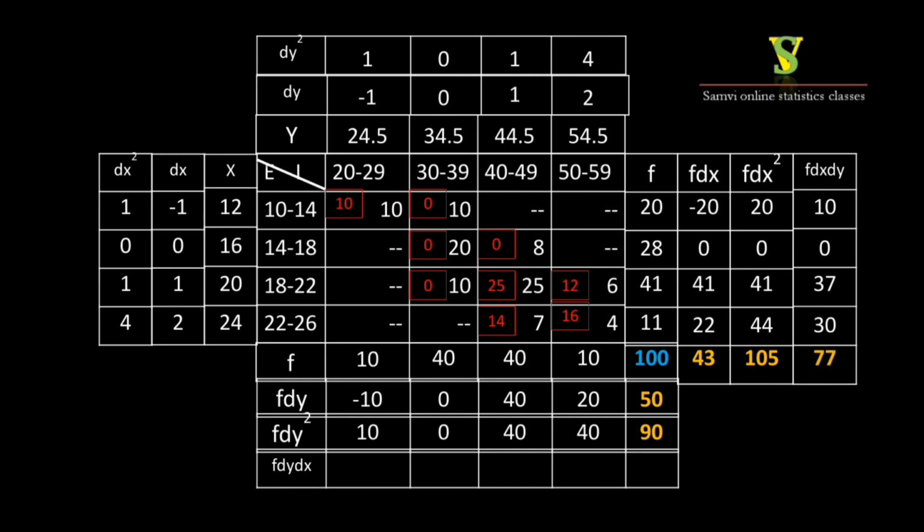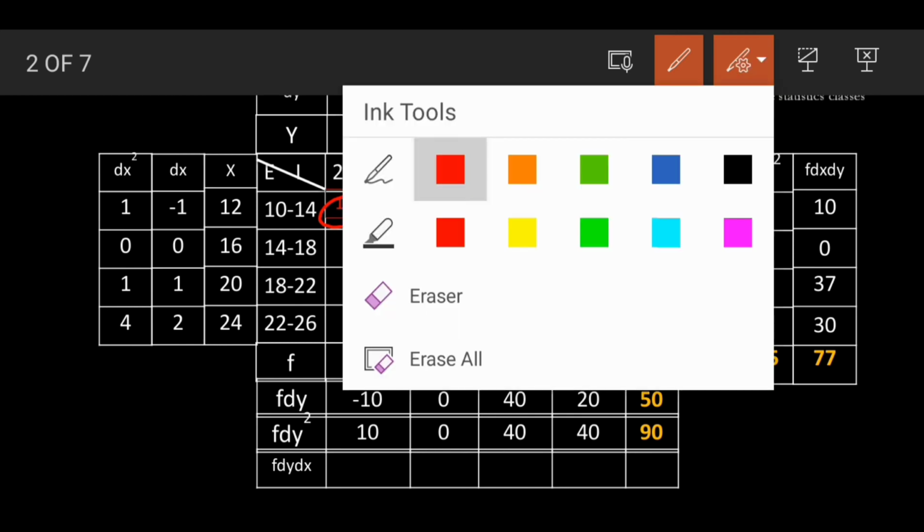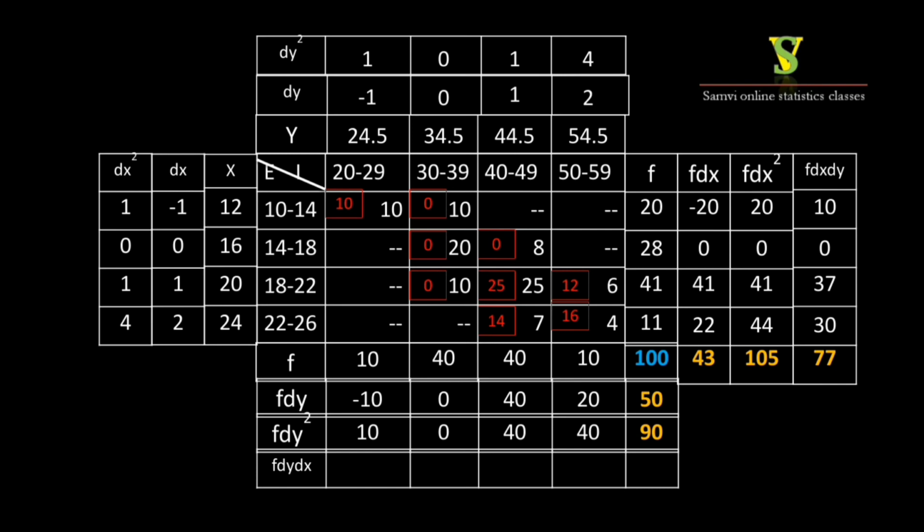So now you have to find out the column wise total here. So how to find the column wise total? See here. Here it is 10. This value you have to write down here. Next is 0 plus 0 plus 0. So that value you have to write down. Like this you have to find out the column wise totals one by one. So the first one is 10. Next is 0 plus 0 plus 0 is 0. Next is 0 plus 25 plus 14 will get here 39. 12 plus 16 will get here 28.